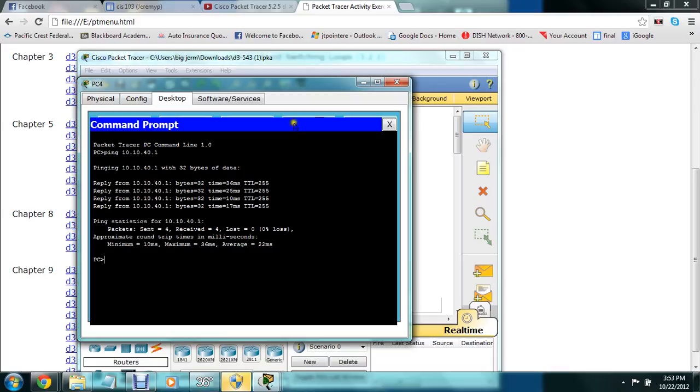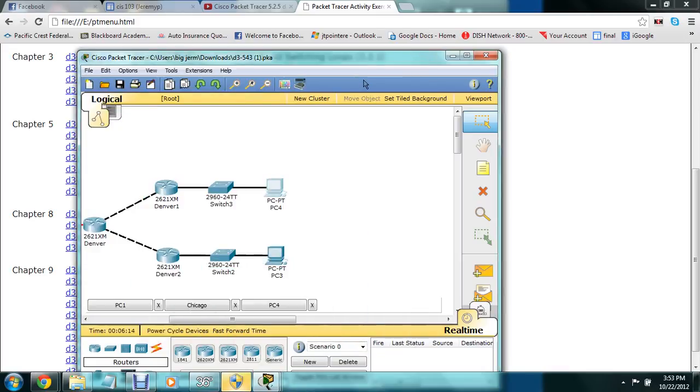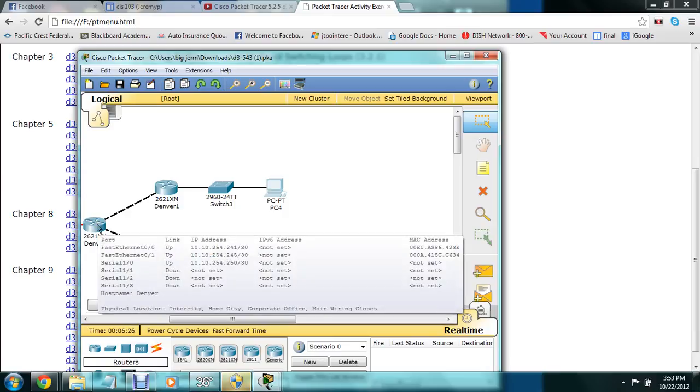Okay. And then we're going to go to our Denver router, and we're going to try to ping our Fa0/0 interface, and that's 10.10.254.241.